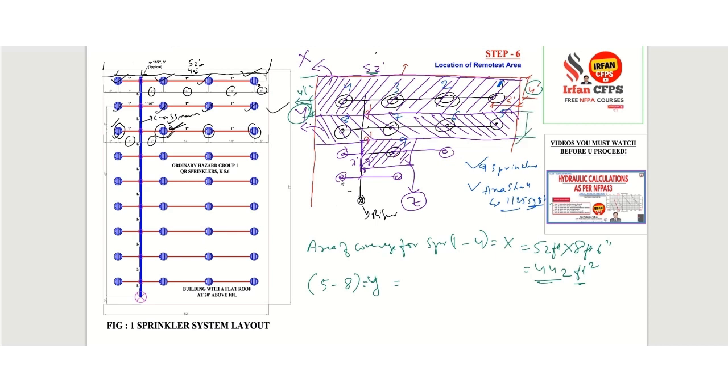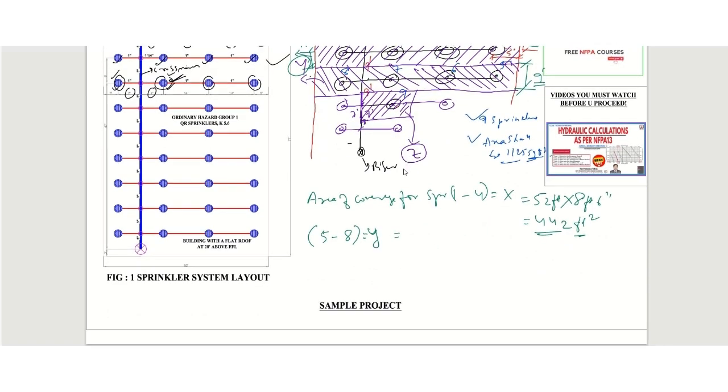This distance is 4 feet 6 inches, 4 feet 6 inches. So it will be 9 feet. Okay. So now here we will write 52 feet multiplied by 9 feet, which is equal to 468 square feet.